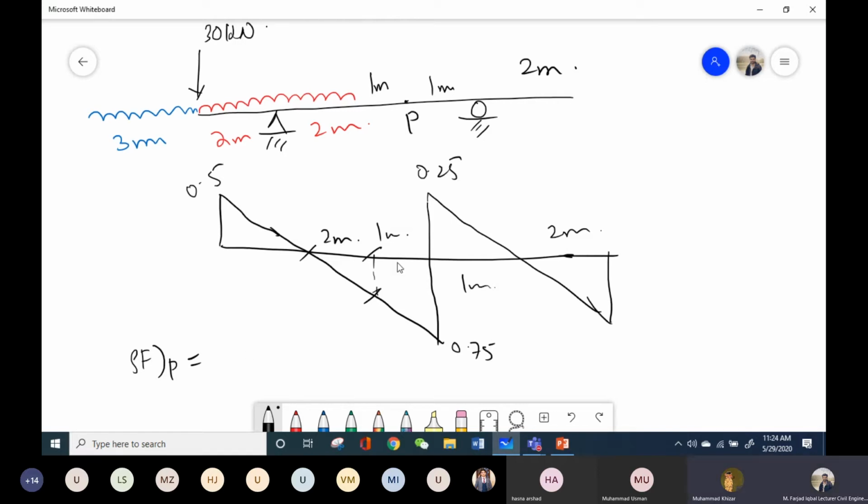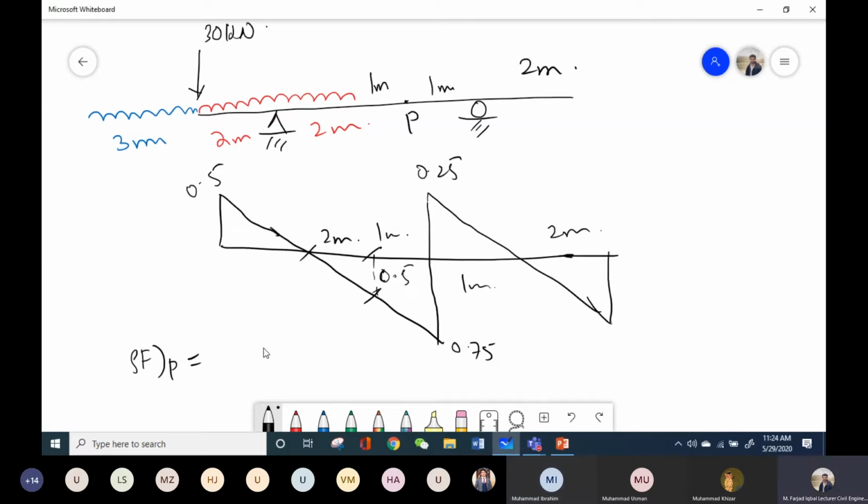Okay, this is 0.25. And what is the value of shear force at point P? I think this value is 0.5. It should not be 0.5. 0.375. What is 0.375?